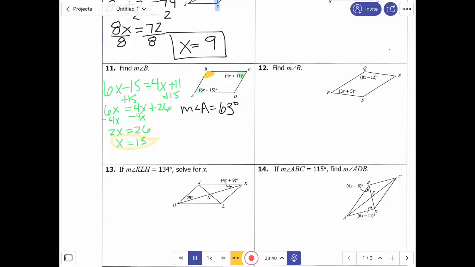And whatever that is going to be my angle B. So measure of angle B equals 180 minus 63, which turns out to be 117. So measure of angle B equals 117. And there you go.